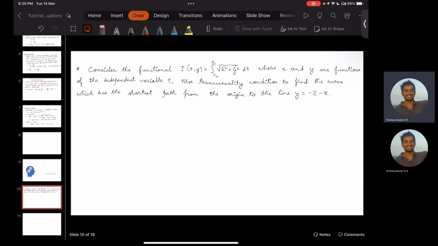So the first question says that consider the functional J, which is a function of x and y. This is defined as the integral from t naught to t1 of root over x dot squared plus y dot squared, where x and y are functions of the independent variable t.